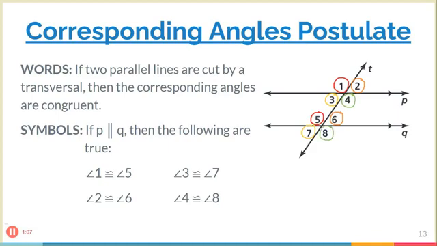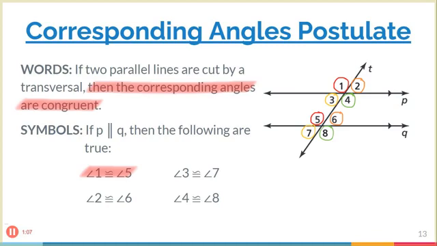When those two lines are parallel and they're cut by a transversal, we can conclude that the corresponding angles are congruent. Congruent means they measure the same. So since angle 1 and angle 5 were corresponding, they are congruent, or they measure the same.